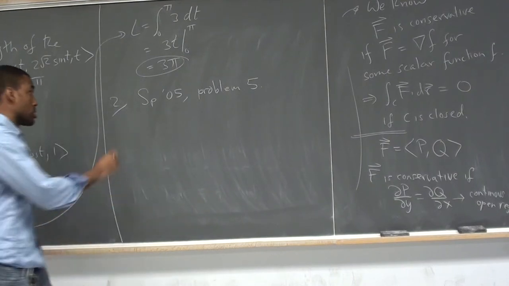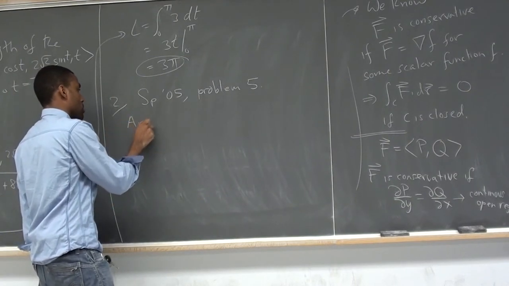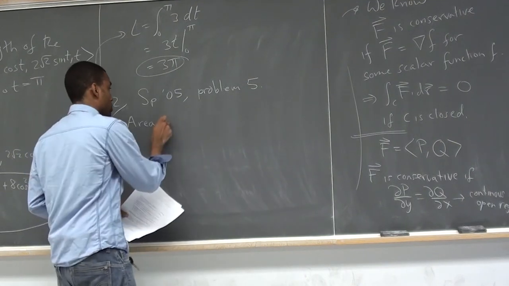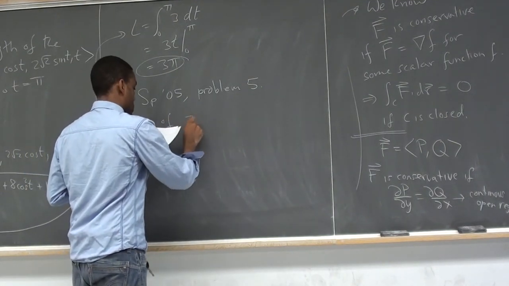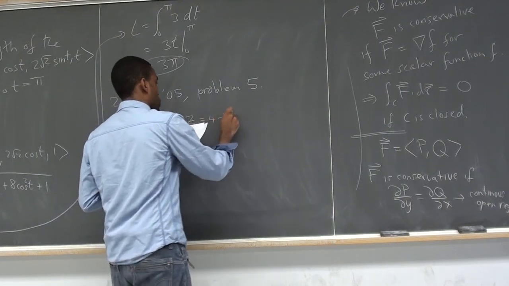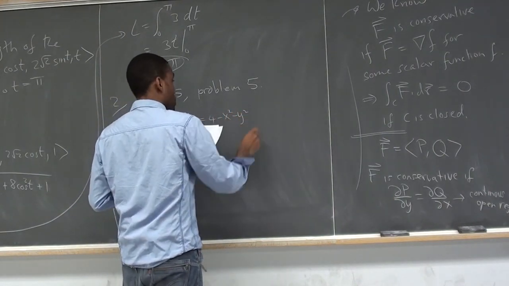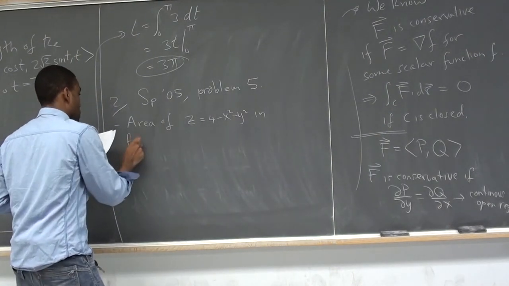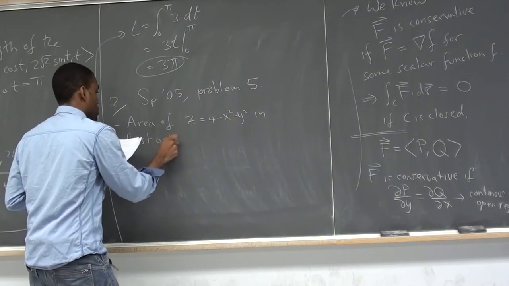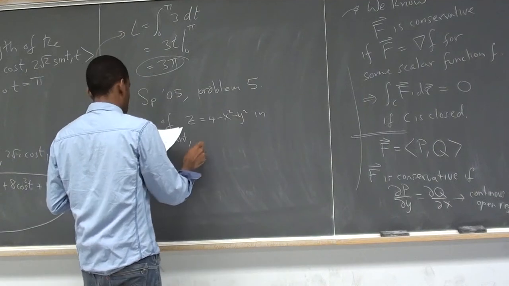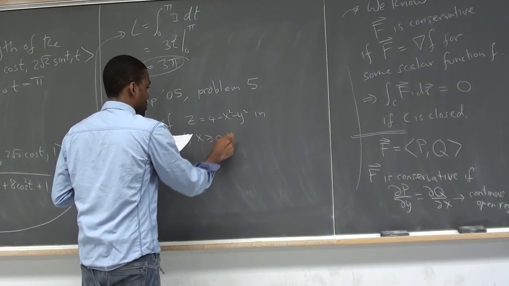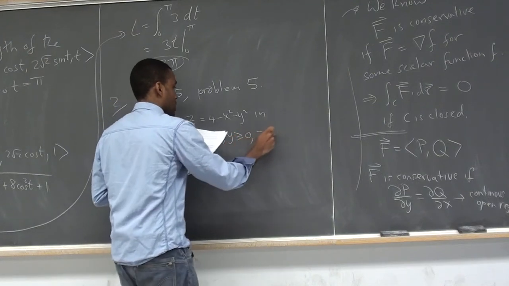You can see the question, I'm just going to write down the main points. The area of z equals 4 minus x squared minus y squared in the first octant. They tell you this, but you really should have known that from the fact that they said the first octant.